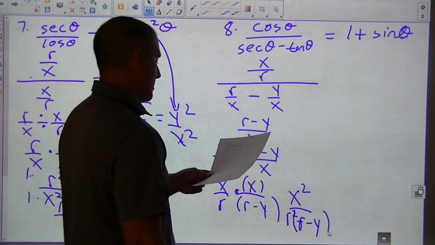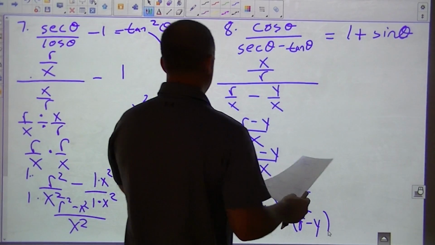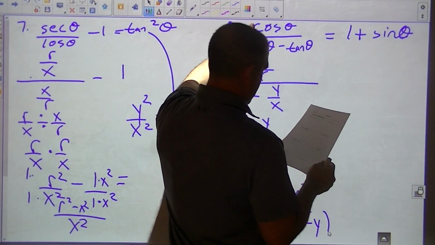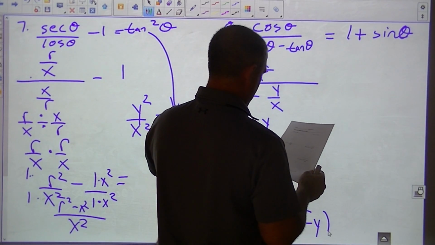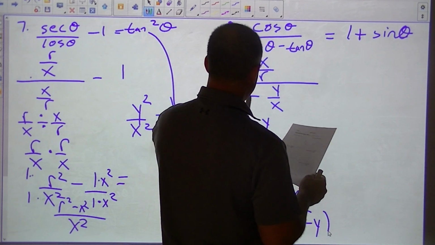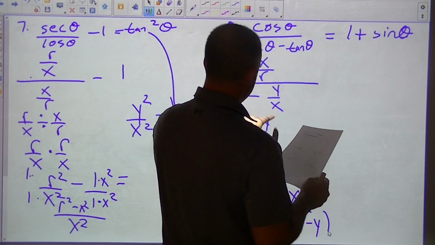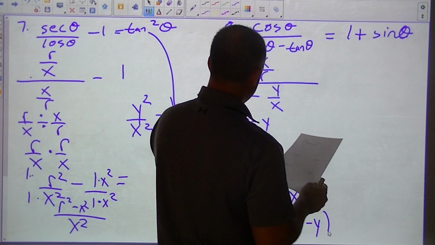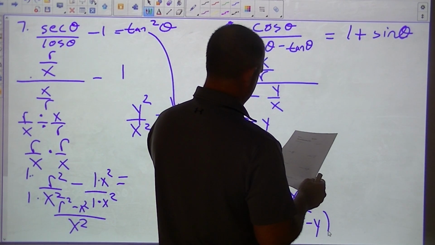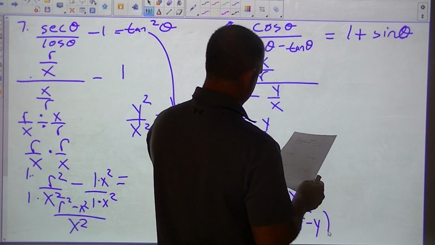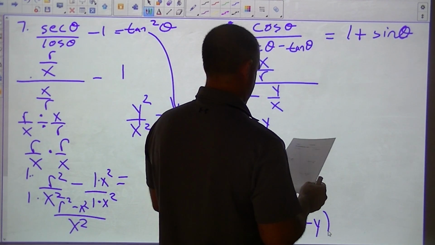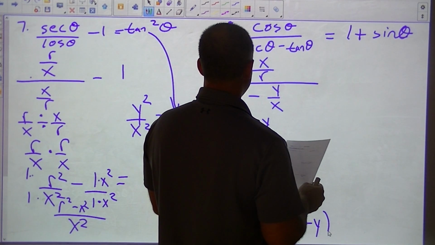Okay, I think number 8 doesn't work either for whatever reason. Let me double check that. So I got x over r, so r over x minus y over x. So that's r minus y over x, divided by that. It should flip.